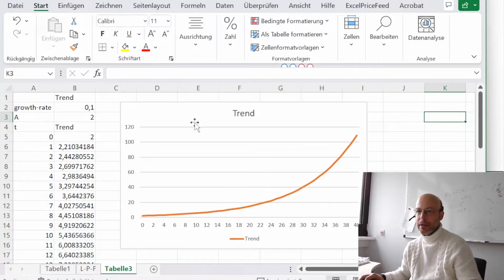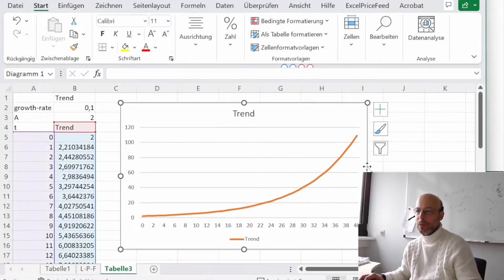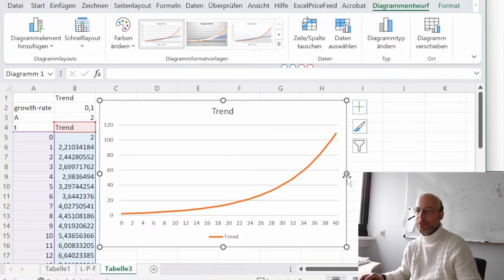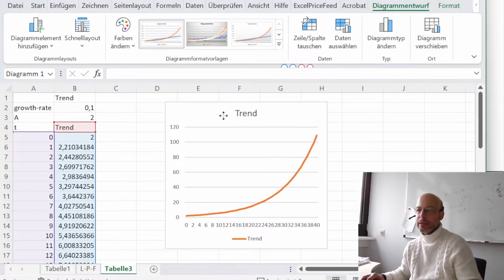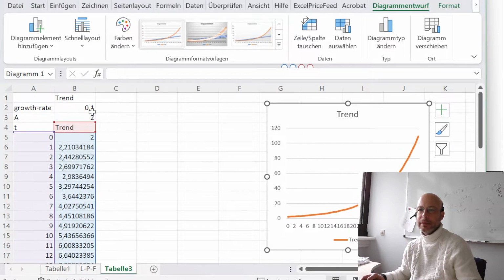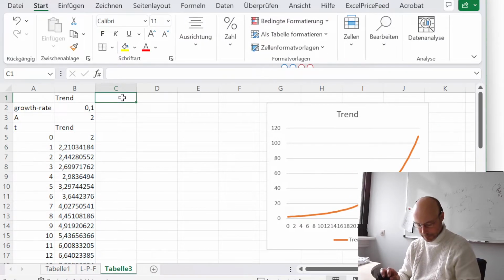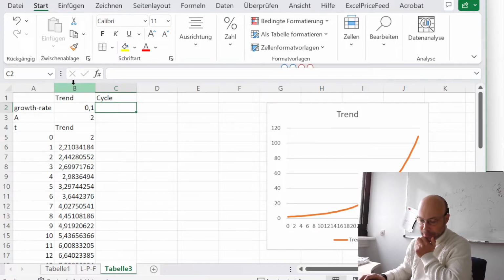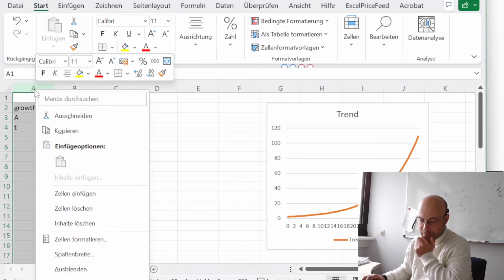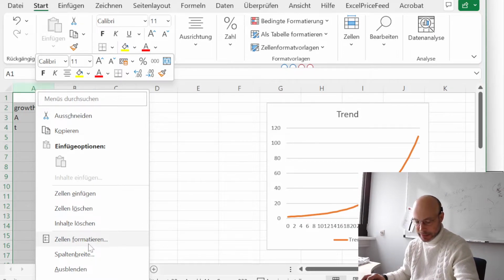And yeah, now we want to move to our cycle. For this cycle, of course, we can use in general the function of the sine.